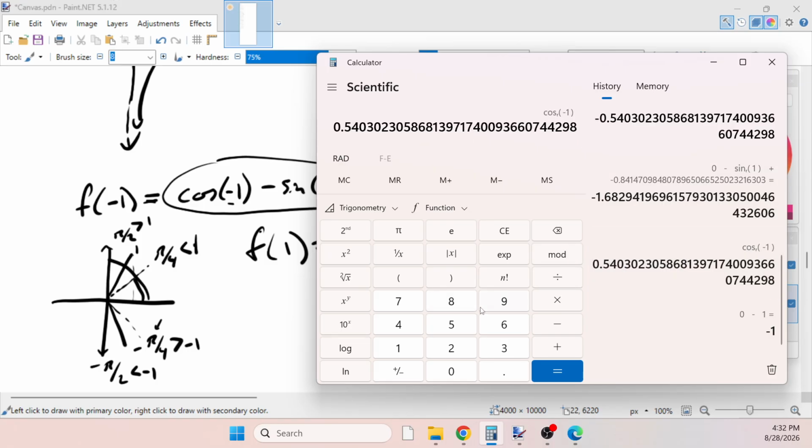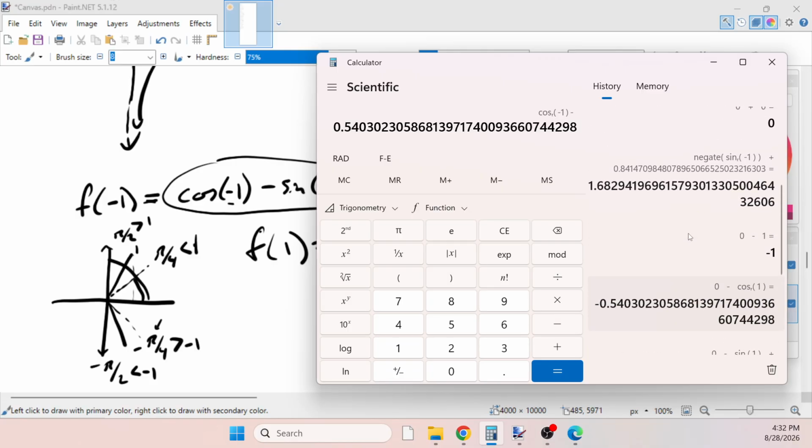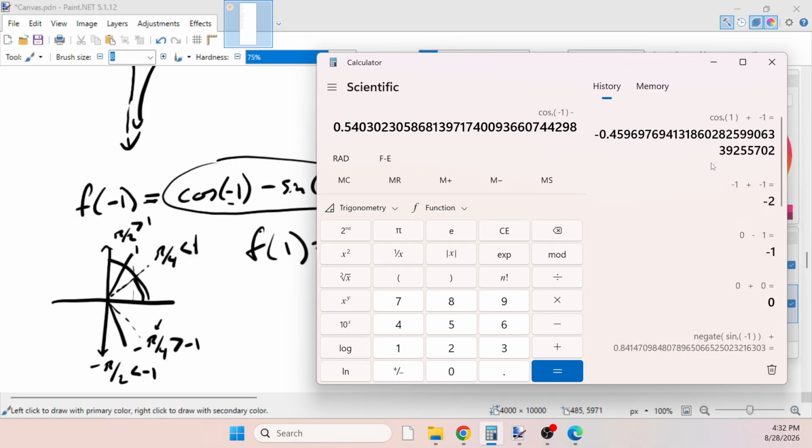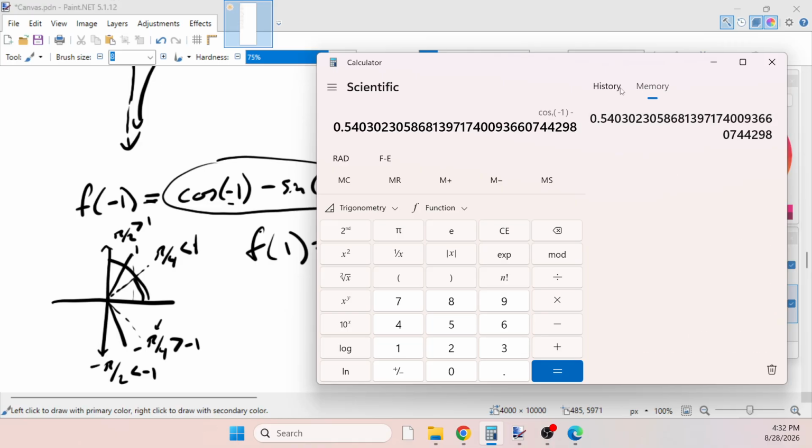We have our number, and we're going to subtract sine of 1. Sine of 1 is... first we type in 1, then we type in sine. There's sine of 1. We're going to add this to our cosine value, which is this one.